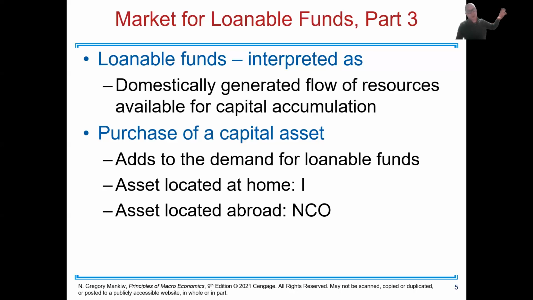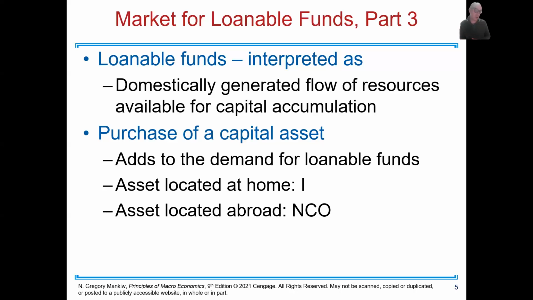Because Coca-Cola has a lot of international operations, they need to purchase capital assets, property, plant, and equipment, in order to produce their product in multiple countries. It's a multinational corporation.